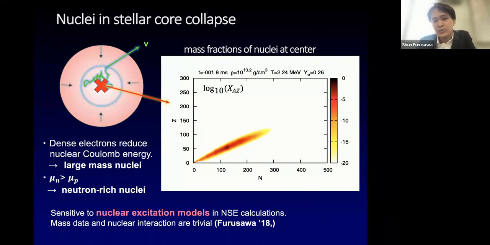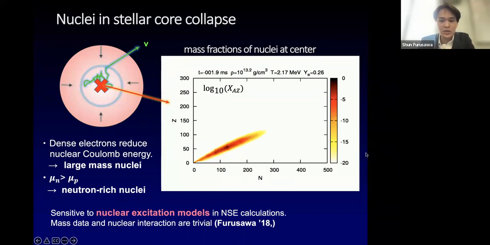And the system becomes neutron rich, and the neutron chemical potential is larger than the proton chemical potential, and neutron rich nuclei can be formed. So in the core collapse phase, heavy neutron rich nuclei are formed.